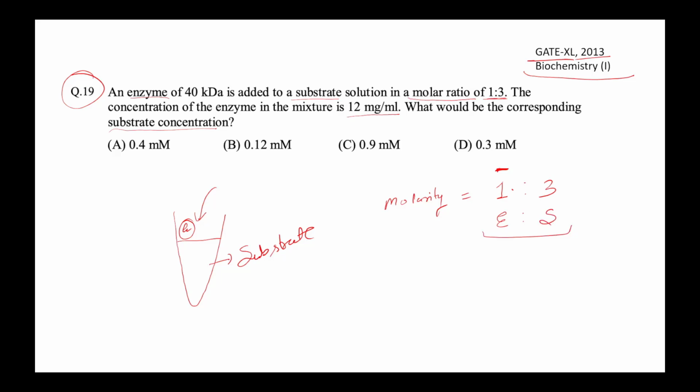About the enzyme's properties, they have said it is a 40 kilodalton enzyme, and the concentration of enzyme in the mixture is 12 mg per ml. So only the molecular weight is given, and the enzyme concentration is 12 mg per ml.